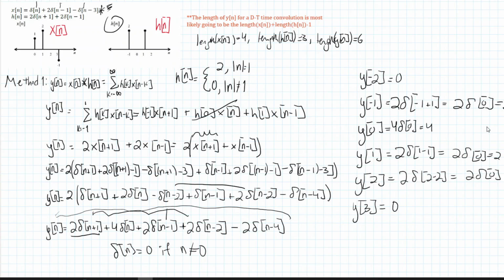So that means it's 0. And then y of n equals 4. Well, we have n minus 4 here, so we'll have 2 delta 4 minus 4 equals 2 delta 0, equals, I forgot that minus sign, excuse me, negative 2.